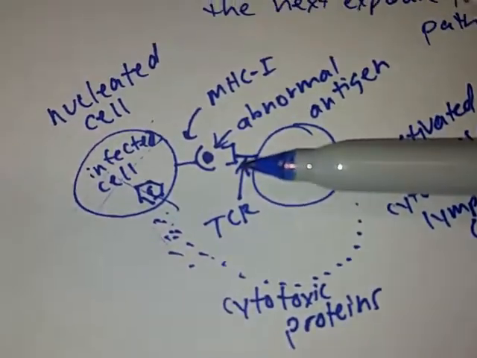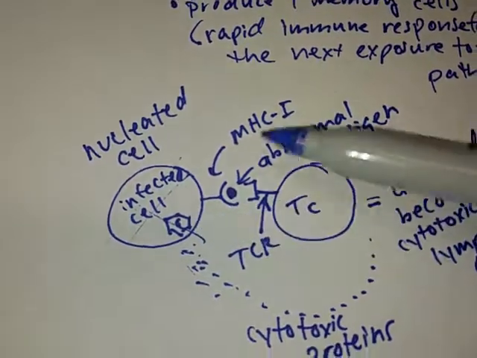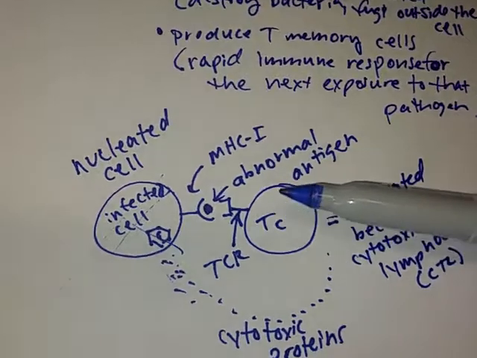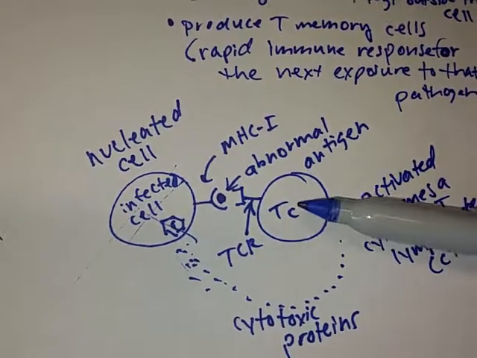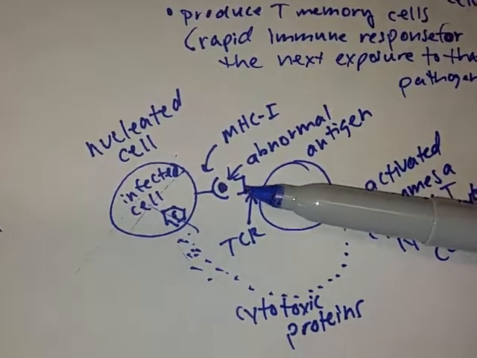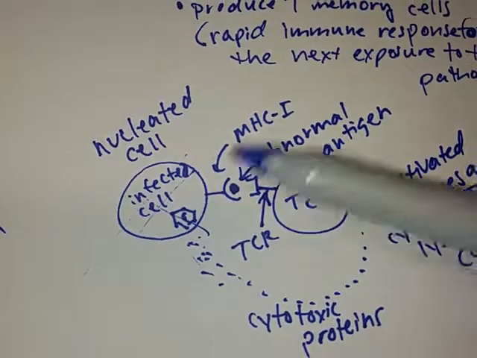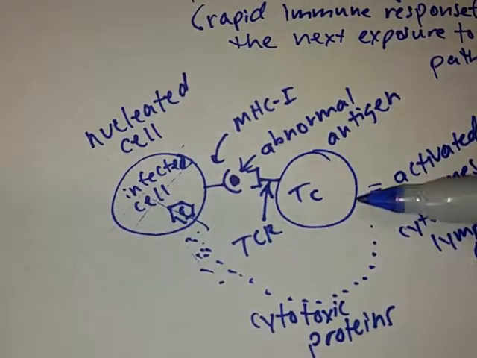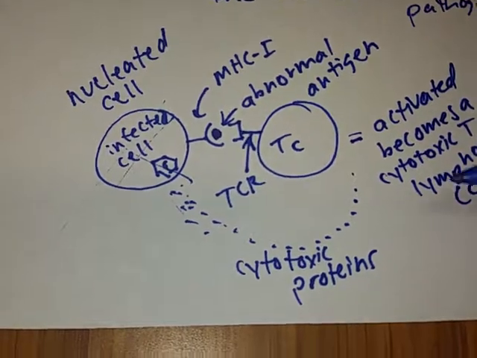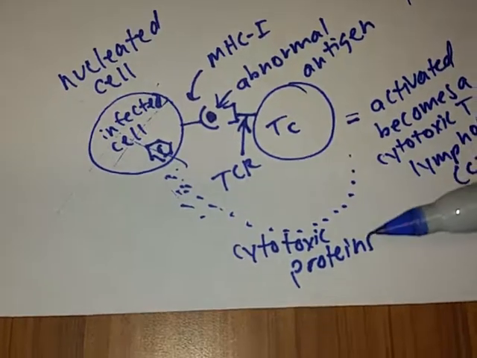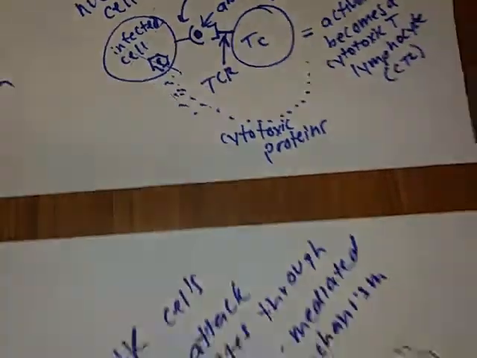But when it gets to an infected cell, maybe one that has cancer or one infected by a virus, those cells are producing an abnormal antigen. So the T cytotoxic cell is like, oh my goodness, this has abnormal antigen here. That means there's a pathogen or this cell's cancerous. We better kill it off. So it becomes activated, becomes a cytotoxic T lymphocyte or CTL, and then produces all these cytotoxic proteins and kills off this bad cell.